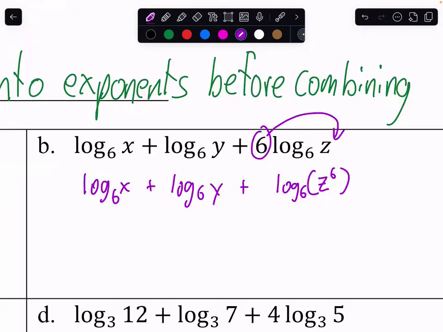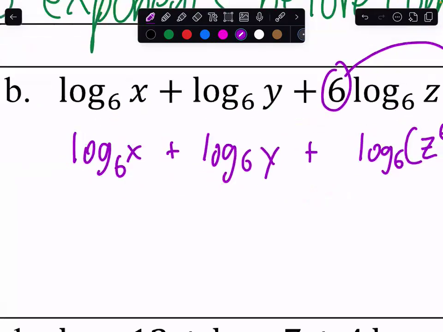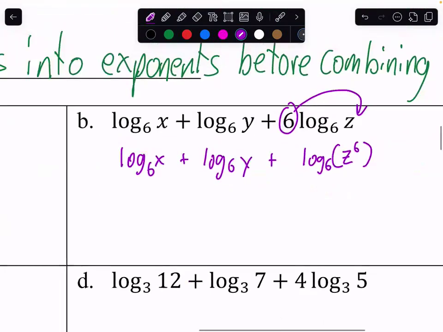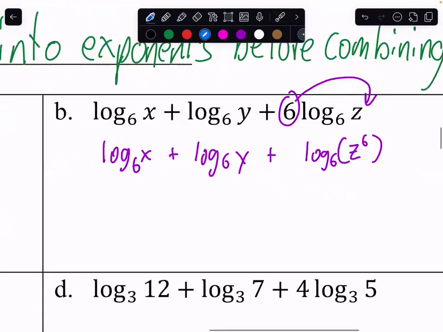Okay, so now we can go ahead and combine them together. When there are 3 terms to be added, you just add the first 2 and take that answer and add the third. So first I'll combine these 2. Log base 6 of x plus log base 6 of y, right?